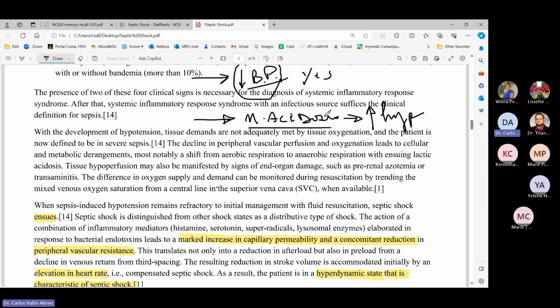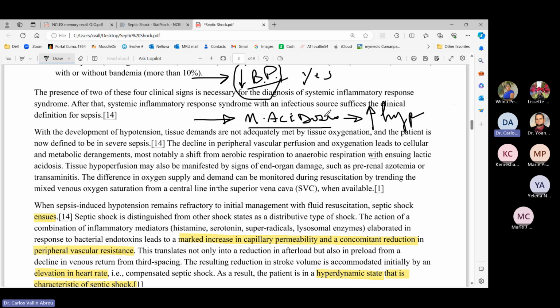You need to know that one of the protocols you will learn after you pass the NCLEX and start working in the hospitals, in the ER, is that any client with suspected infection or suspected systemic inflammatory response syndrome that we already defined, not necessarily septic shock, must have lactic acid levels determined in blood.